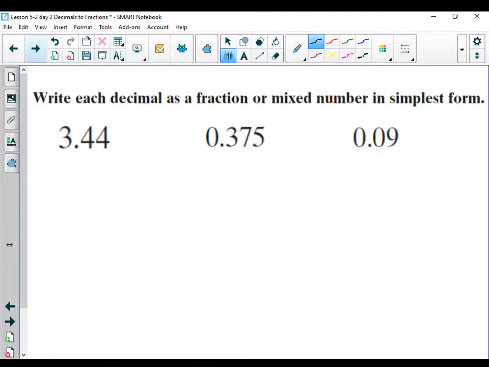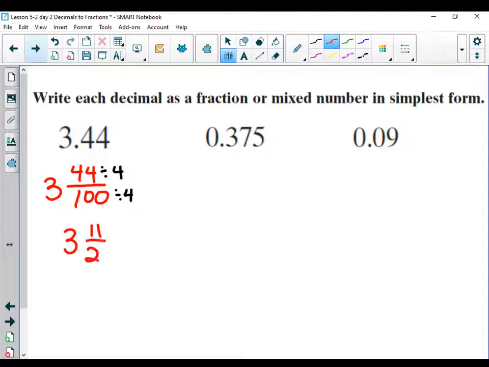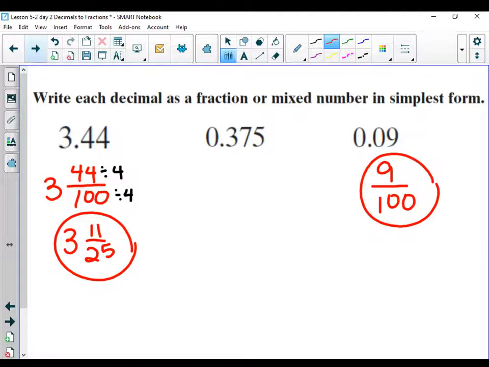Next 3, go ahead, pause and solve those. I'm going out of order on purpose over here. The middle one, they tried to throw us off.